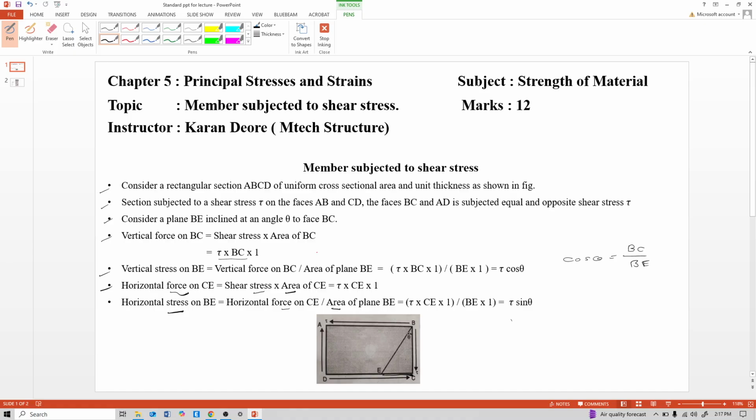Horizontal stress on the inclined plane BE is horizontal force on CE upon area of plane BE. Horizontal force on CE is tau CE into 1, upon BE into 1, the area of plane. Therefore, tau sin theta. CE upon BE is sin theta, since sin theta is equal to opposite side CE upon hypotenuse BE.